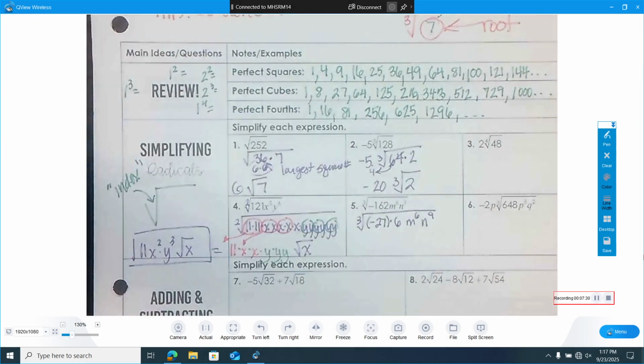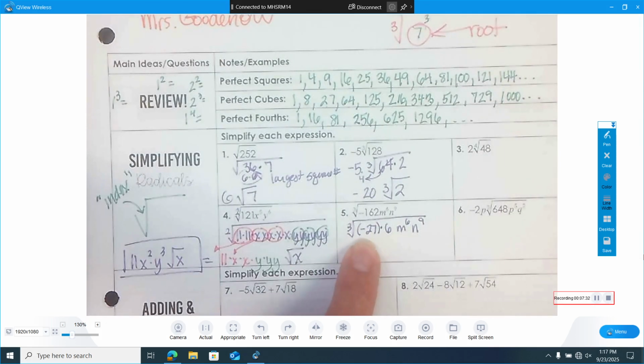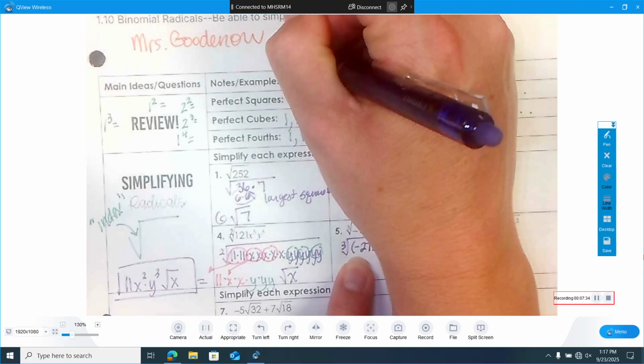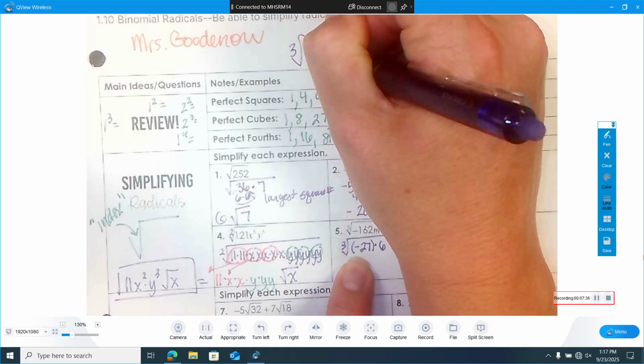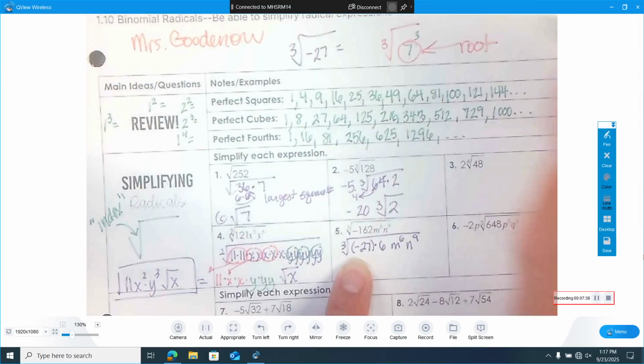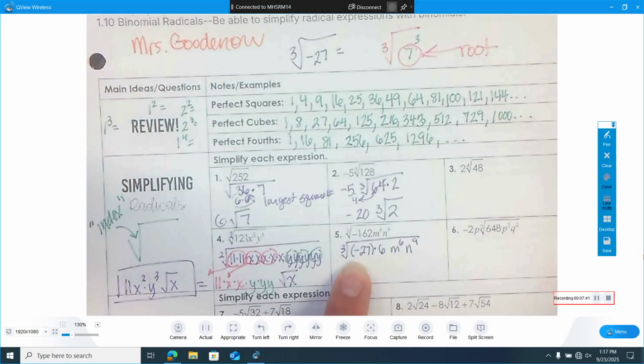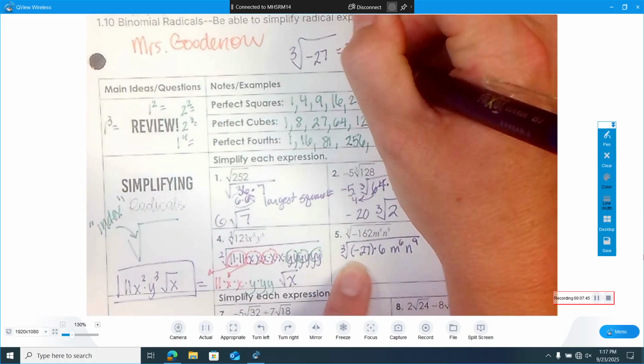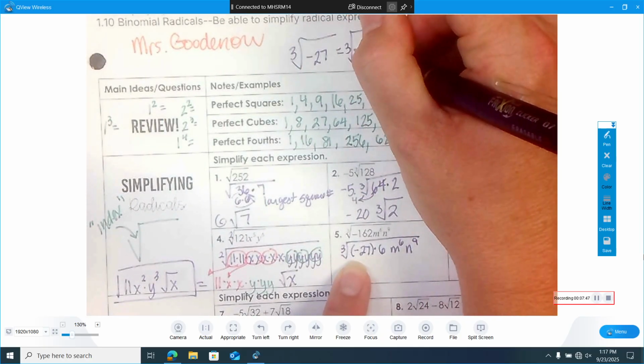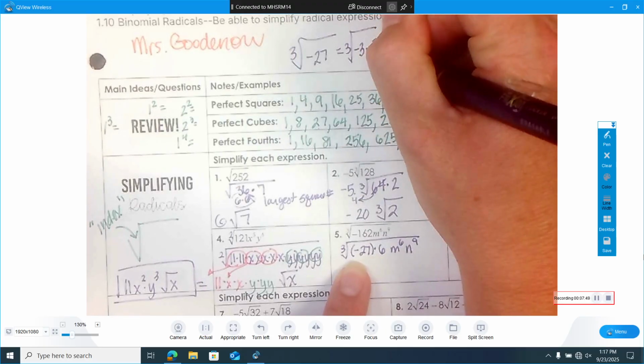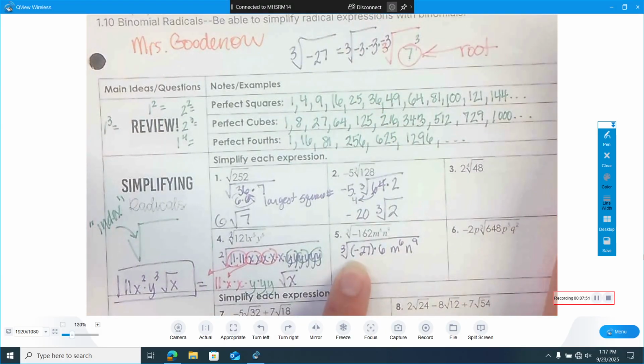So what is the cube root of -27? It's -3. Why? So here we go. -27 is -3 times -3 times -3.